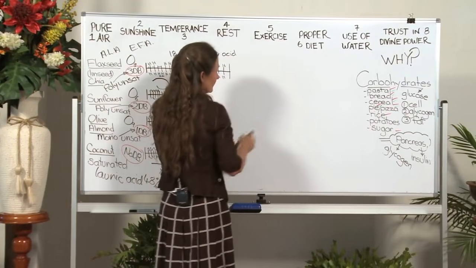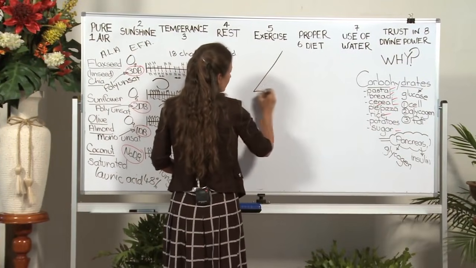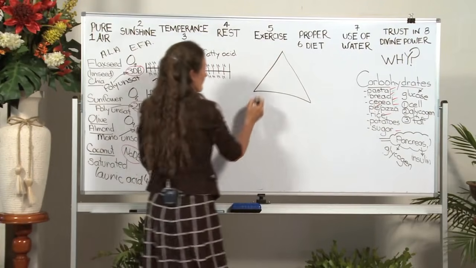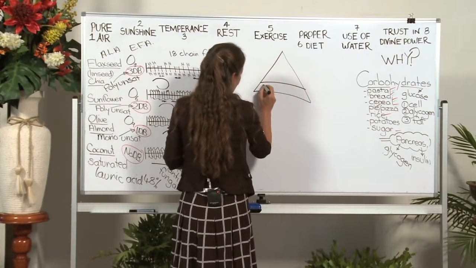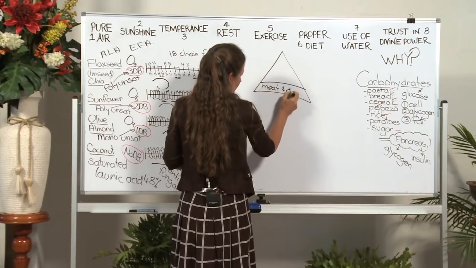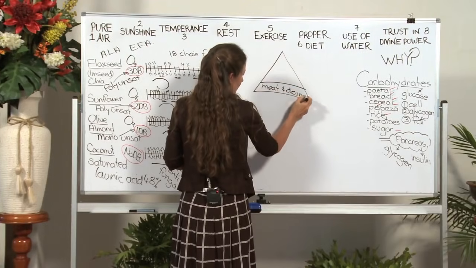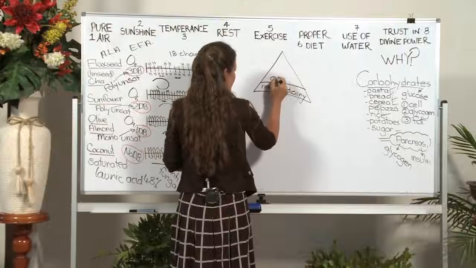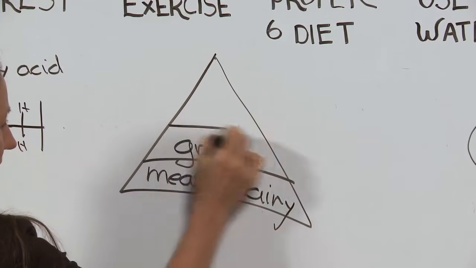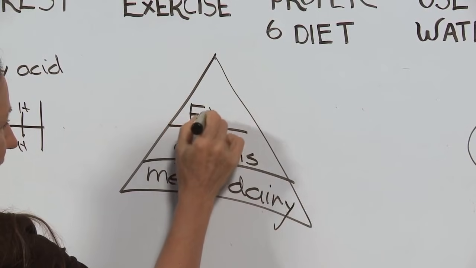When I was at school, there was a triangle in the Common Sense cookery book. And the bottom rung of the triangle was meat and dairy. The next rung of the triangle was grains. And the next rung of the triangle was fruit and vegetables.